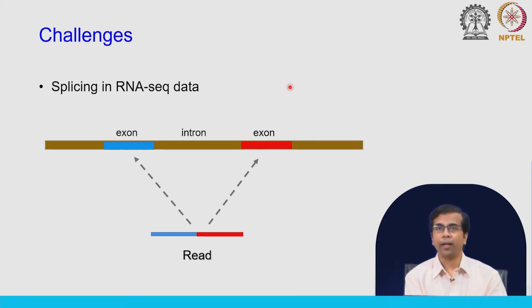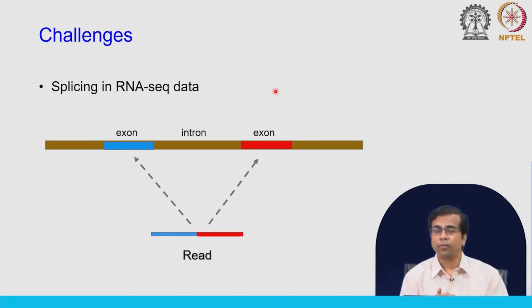When you have these splicing events, the exons join together and the intron in between is cut out. When you generate reads, it will just give you the exon sequences, not the intron sequences, because the sequencing is done on RNA, converted to cDNA, and that is sequenced. So, you will get exon sequences only, not intron sequences.